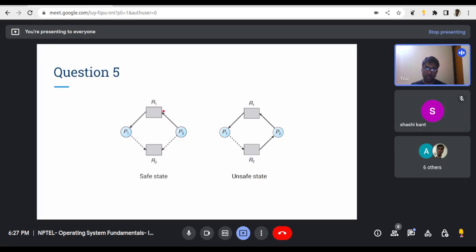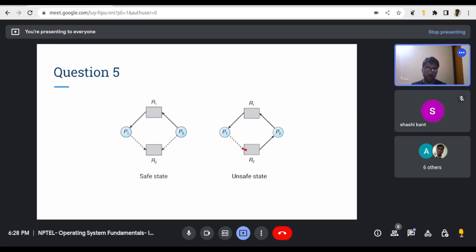P2 has made the request for resource R1, and P1 already has an instance of resource R1. This is a safe state because P1 has no requirement of any other resource at the moment. It can progress, and once R1 is free, P2 can utilize it.